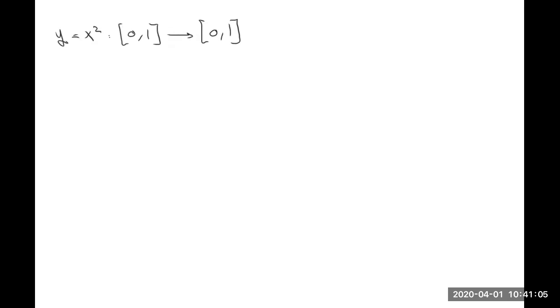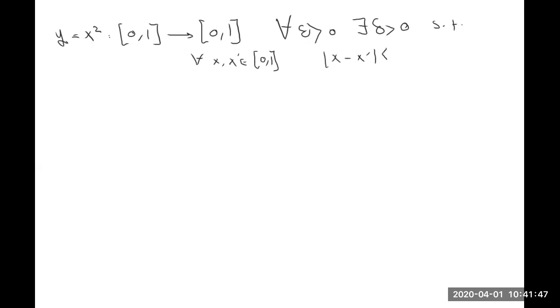Uniformly continuous means for any positive epsilon, there exists a positive delta, such that for any two points x and x prime in the domain, here the interval 0, 1, if their difference is less than delta, then that implies f of x minus f of x prime is less than epsilon, right? So we want to prove that.